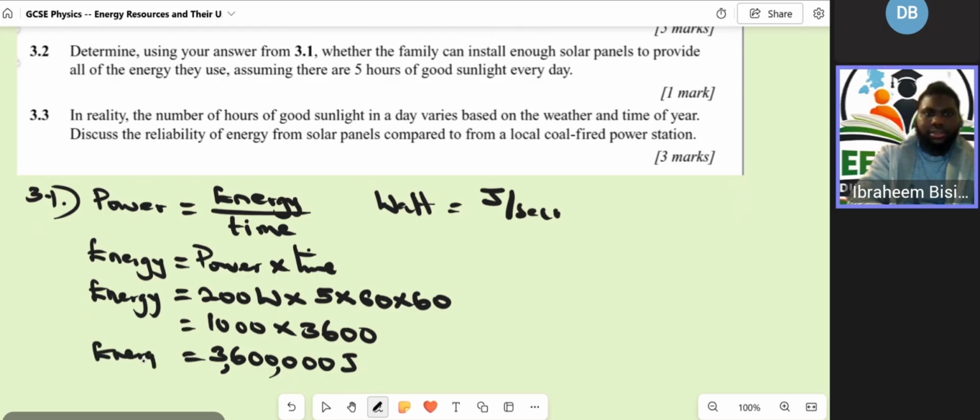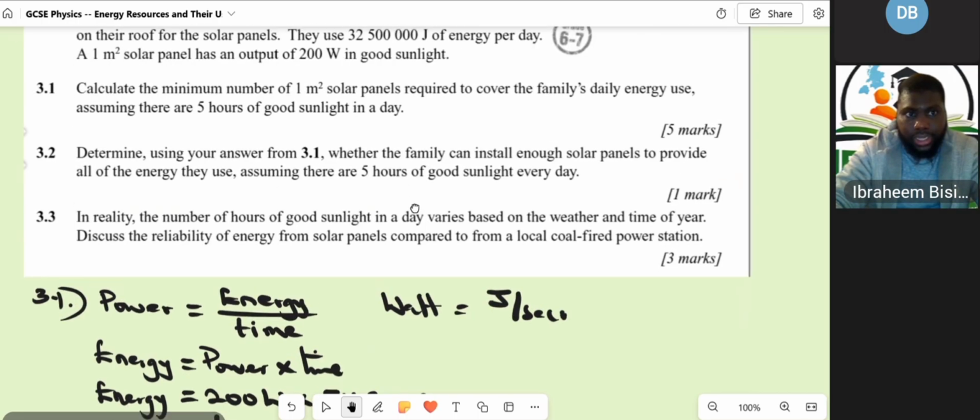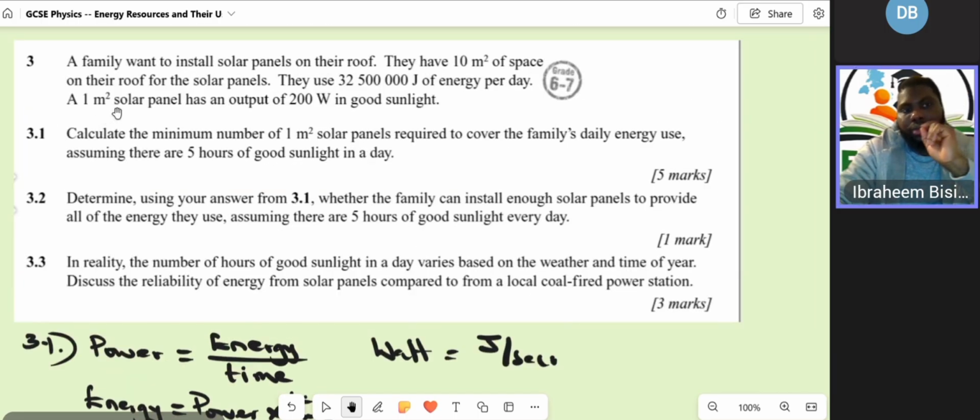This is the amount of energy that will be produced by a 1 square meter solar panel per day, assuming that there is good sunlight for 5 hours in a day.